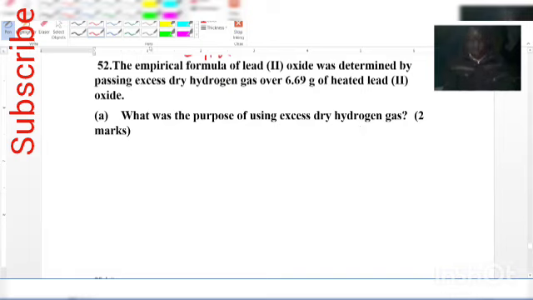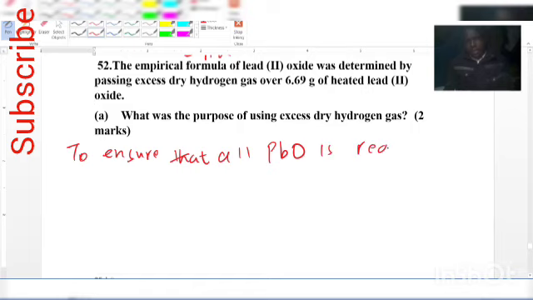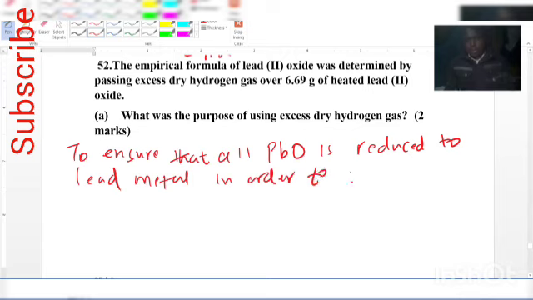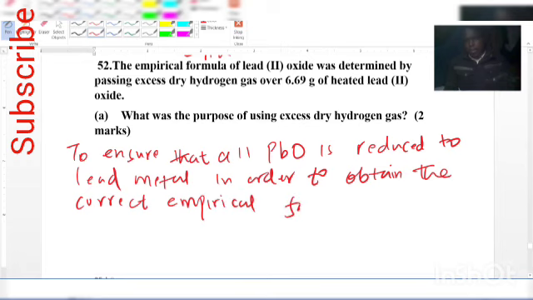It is to ensure that all the lead-2 oxide is reduced to lead metal, in order to obtain the correct empirical formula.